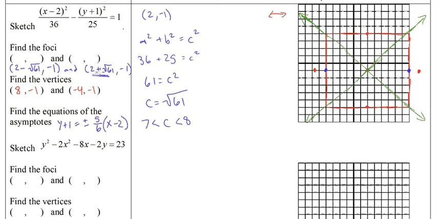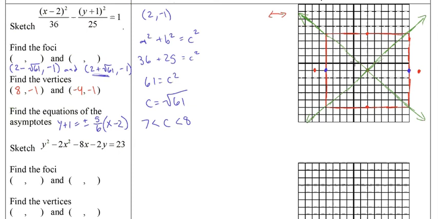And again, this is just a value, it's a single number, it's just irrational. We can't actually add 2 plus the square root of 61. You can get a close approximation using your calculator, but it's 2 plus something a little more than 7, so it's going to be 9 point something over here, and then 2 minus something a little more than 7, so negative 5 and a little more negative, so negative 5 point something going over that way.